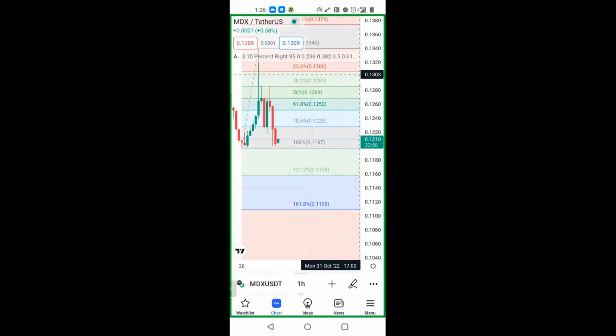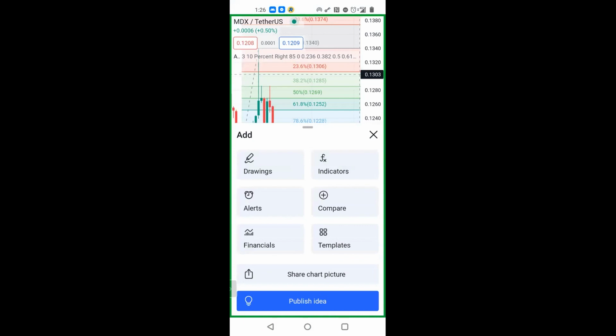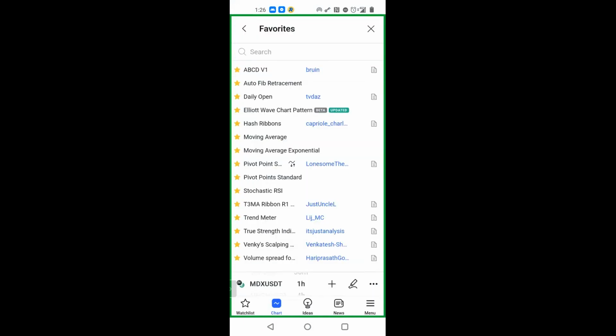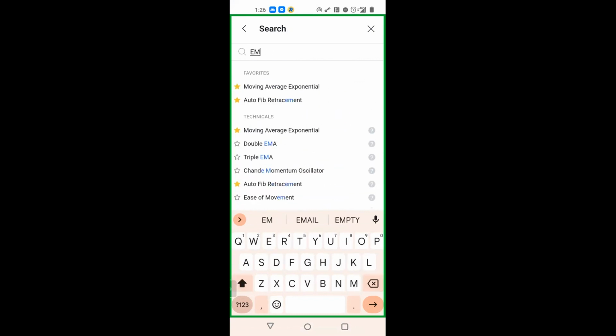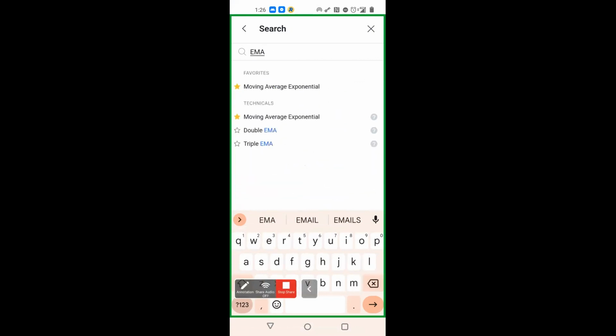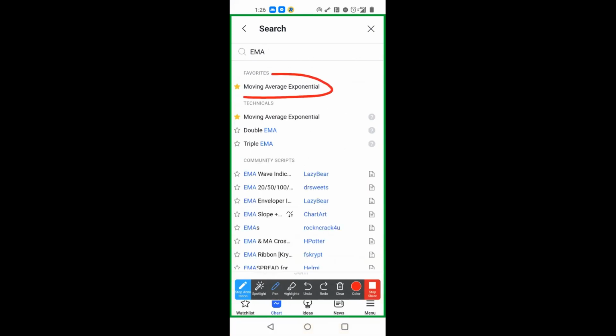Okay, now this indicator is called EMA. You just write in the word EMA, and it will give you moving average exponential.